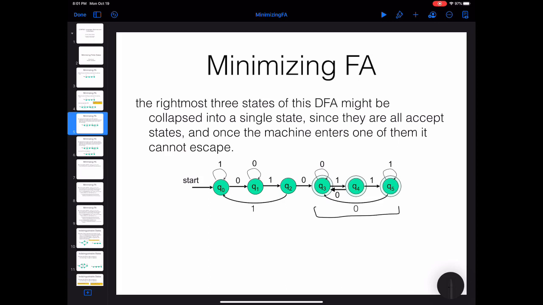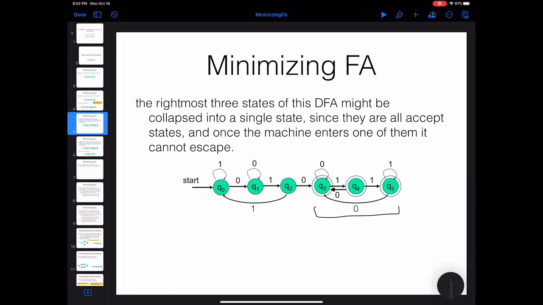Q3, Q4, and Q5 are all accepting states. And in fact, when you reach one of them, when you reach Q3, you are going to stay in these final states. You are not going to go anywhere else, right?